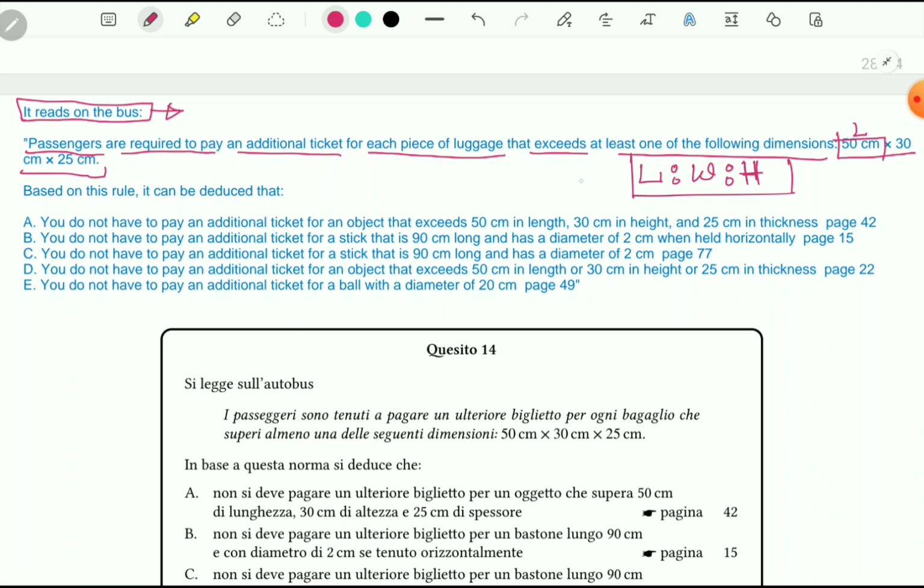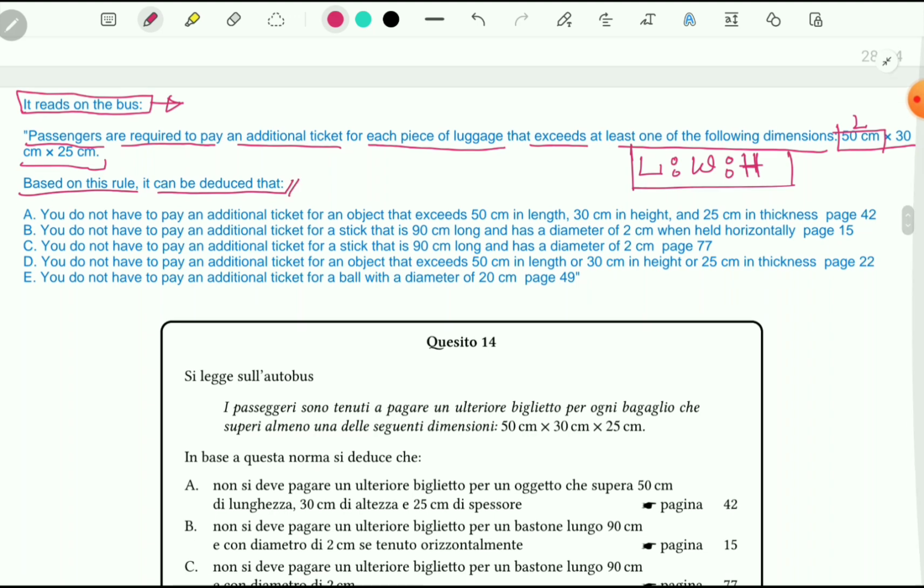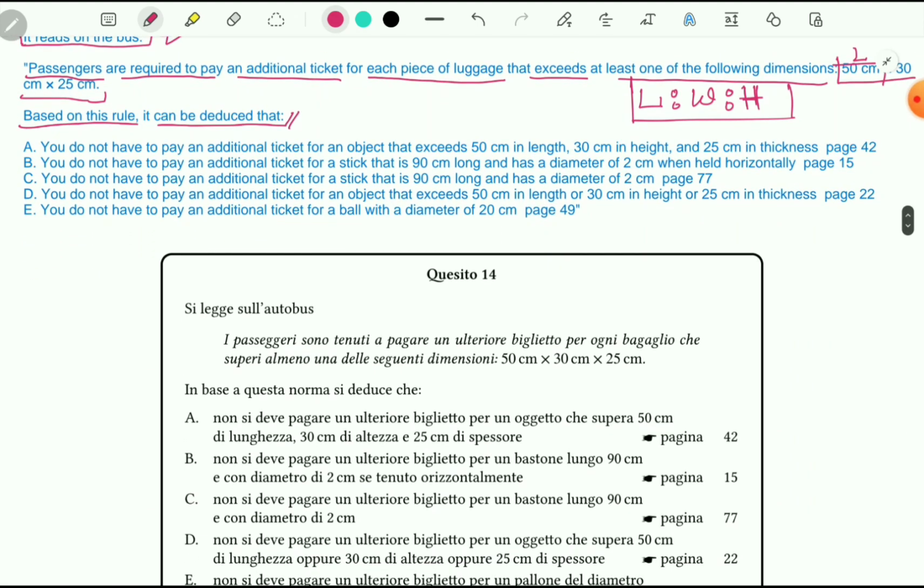So if someone exceeds these dimensions with their luggage, they have to buy an additional ticket. Based on this rule, what can we deduce? Option A: you do not have to pay an additional ticket. Until this point all options are the same, so I will read the remaining part of the sentence.